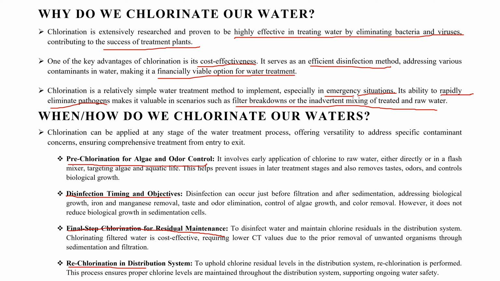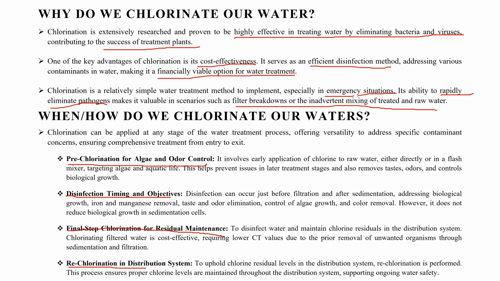The third one is the final step chlorination for residual maintenance. This is the final stage, and it takes place at any point after all the processes have been done. The last one is rechlorination in the distribution system.